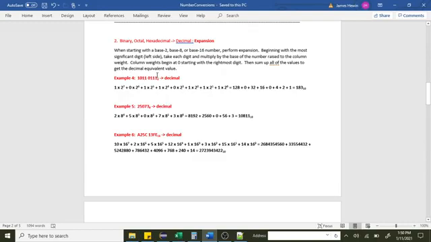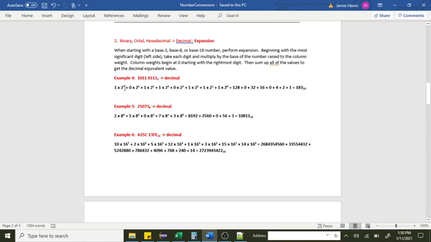I go from column 0 up to column 7. So beginning with the most significant digit, I take the digit, which is a 1, multiplied by the base of the number, which is 2, raised to the column weight, which is 7.